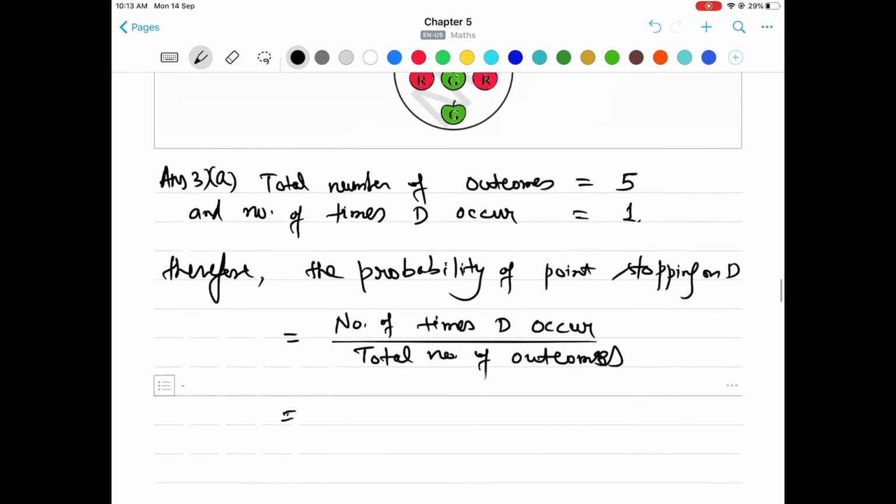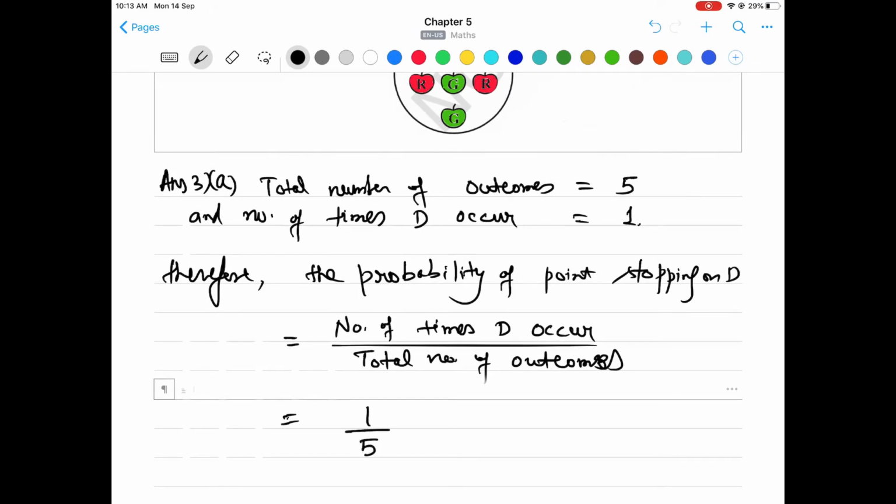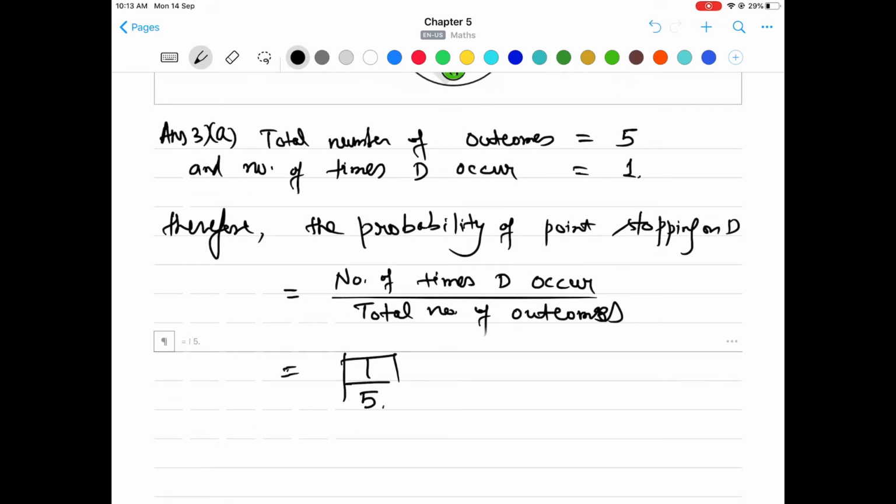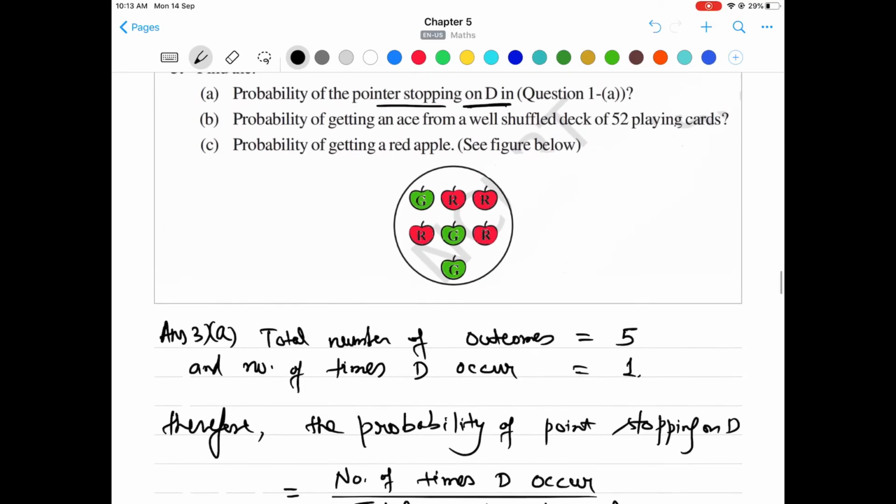So the total number of times D appears is 1 and the total number of outcomes is 5. So the answer is 1 by 5. Okay, this is part A.